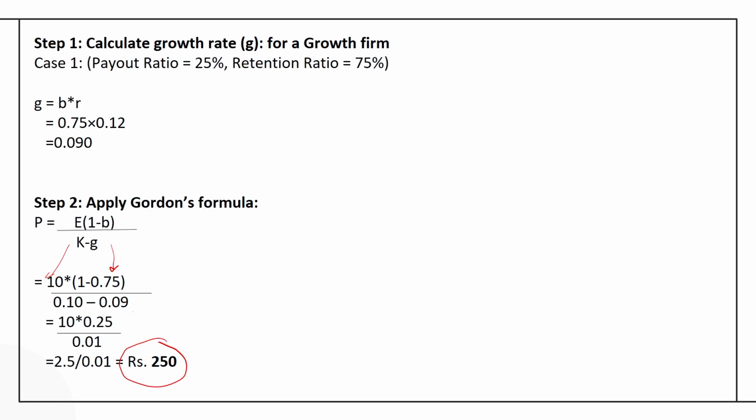It is a matter of common sense that whosoever is making the better use of funds should own the funds. Now, when the company is earning at a rate of 12% and has promised to pay the financier only 10%, that means there is an additional 2% rate of return being enjoyed by the company, and that is the reason why the company has been able to increase the price of share to rupees 250, and that would not be true in the subsequent slides.